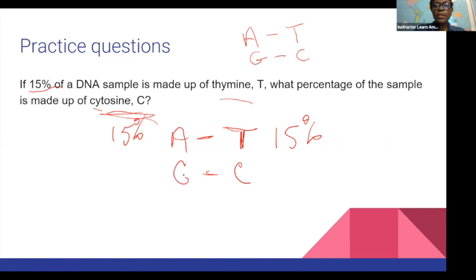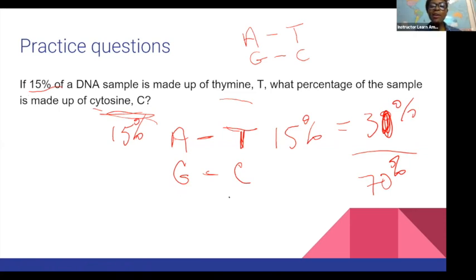All right, remember C joins with G. So what you would do then is, let's say 15 and 15, so we could say that's 30%. 30% of the DNA is made up of adenine and thymine, which then leaves us that 70% would be made up of C and G together.